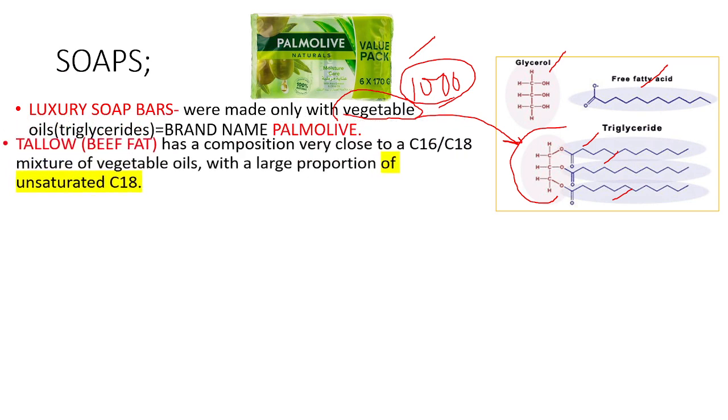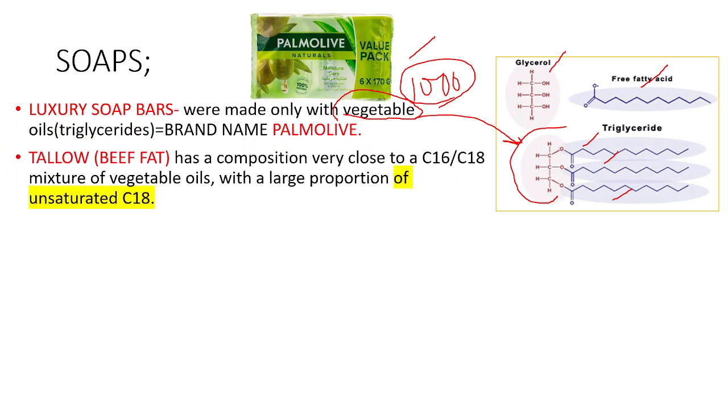Next one is tallow or beef fat. Soaps can also be prepared from beef fat, which contains majorly C18 carbon oleic acid, a C18 unsaturated fatty acid.